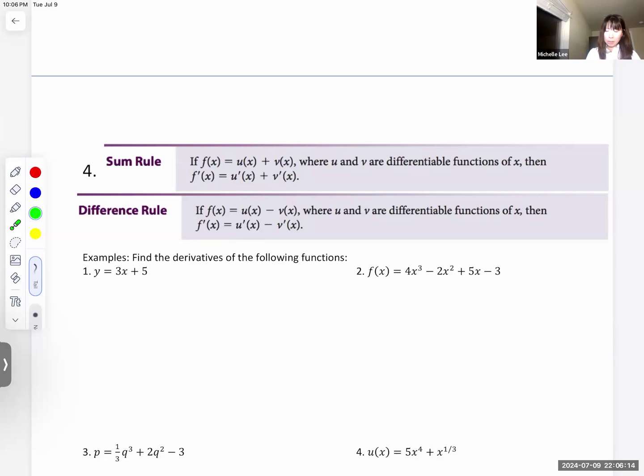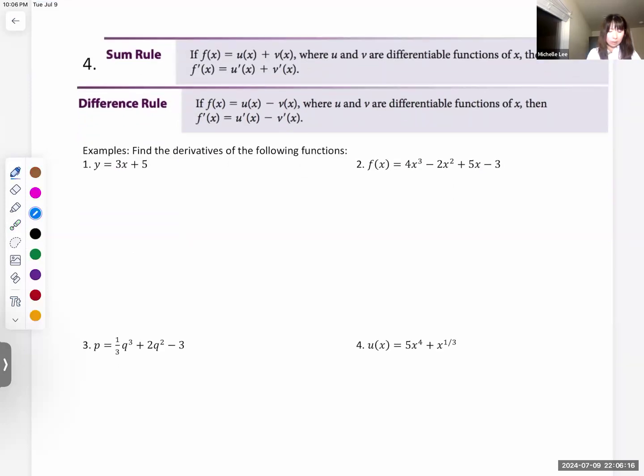Okay, let's do that. Y prime. Then we want the derivative of the first term, so let me denote it this way: derivative of 3x plus derivative of the second term. Later on, we don't need this step.